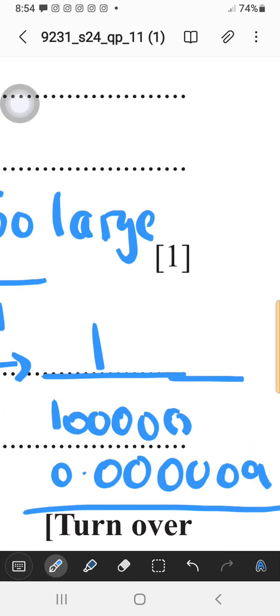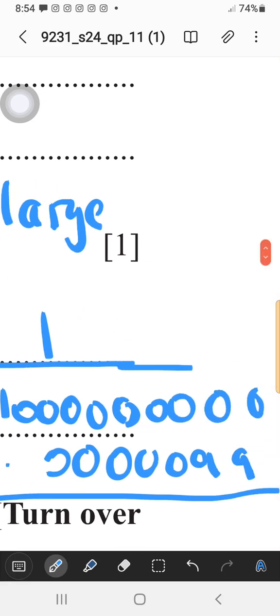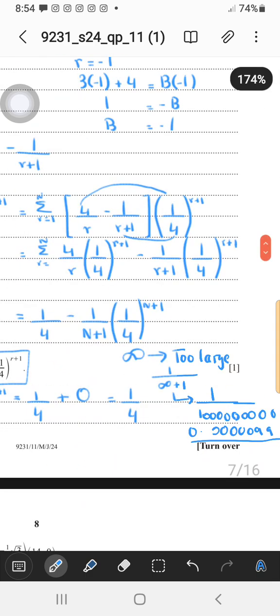It can be one more 0, it will again become 0.00. It can go along with the zeros, so it is equal to 0. I hope you get it.